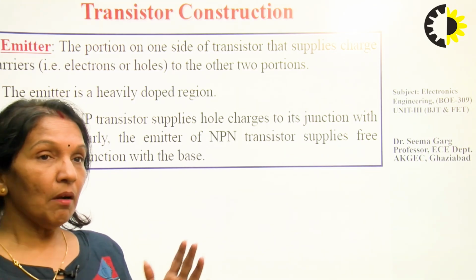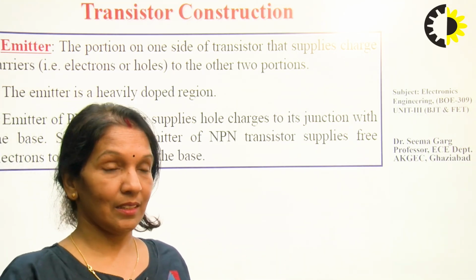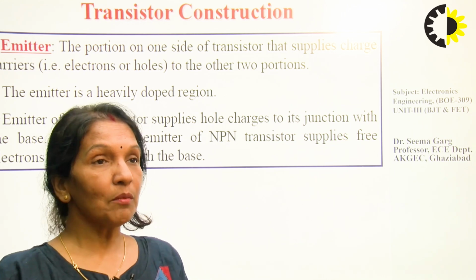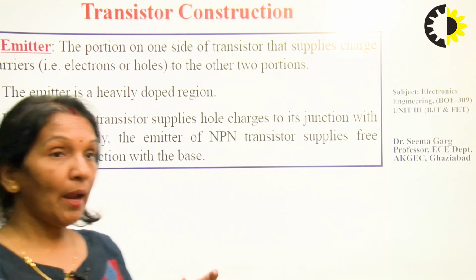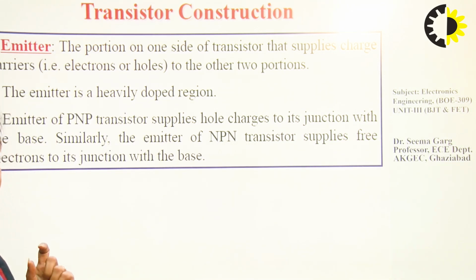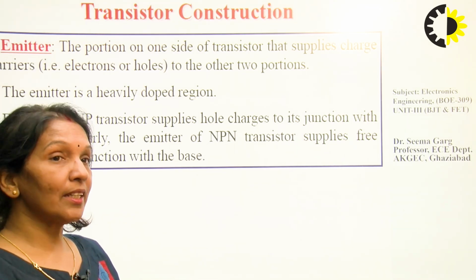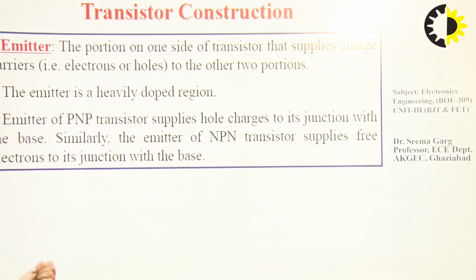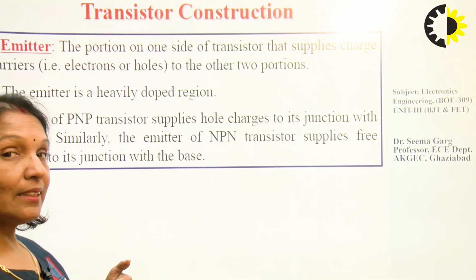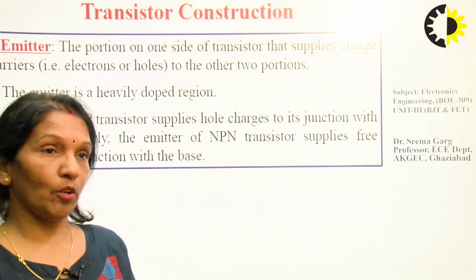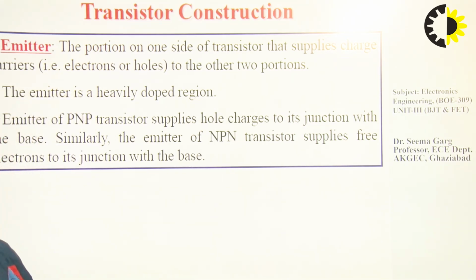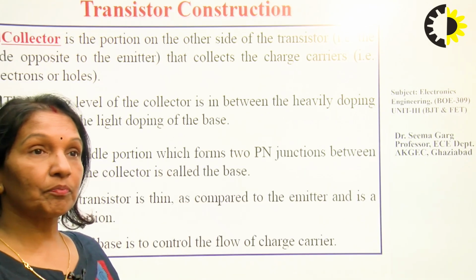The emitter is the most heavily doped region. The emitter of the PNP transistor supplies holes to its junction, and similarly the emitter of the NPN transistor supplies free electrons to its junction with the base.